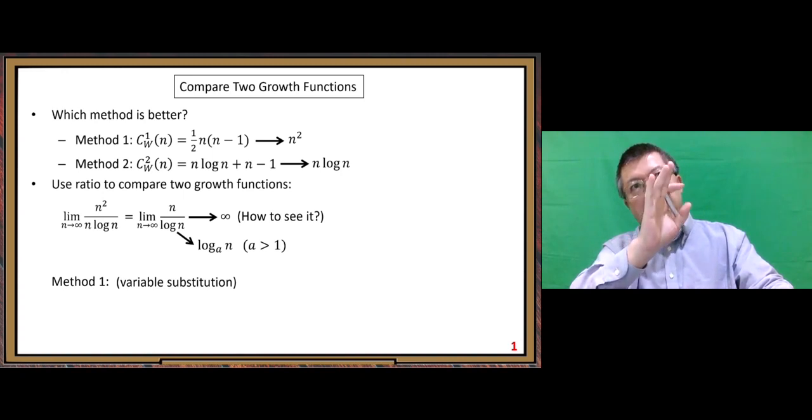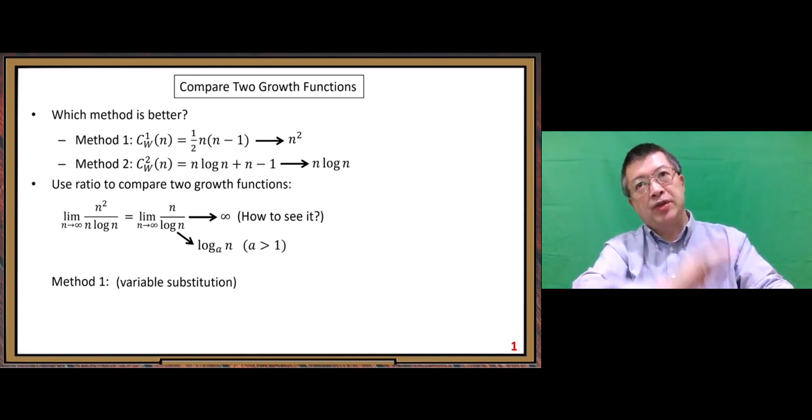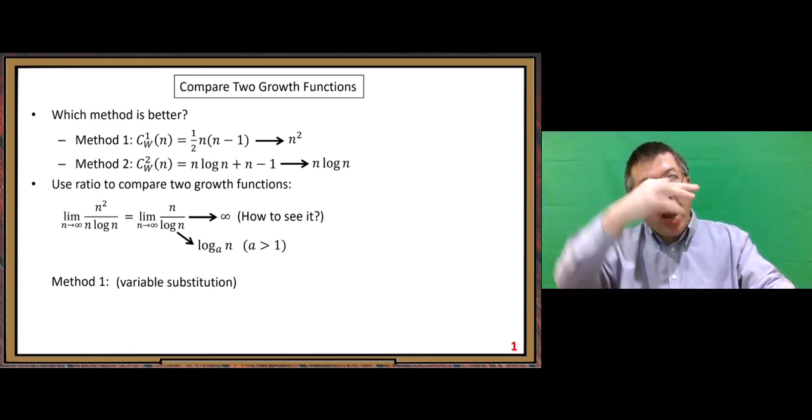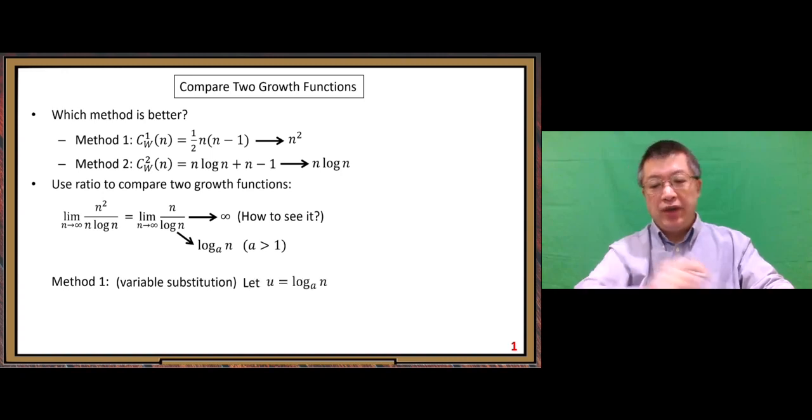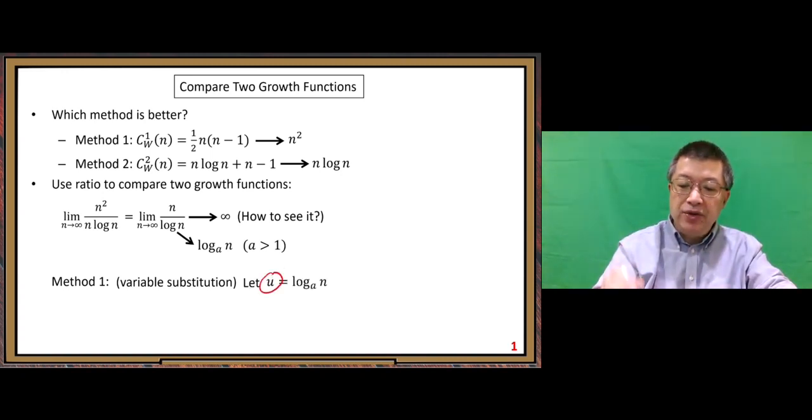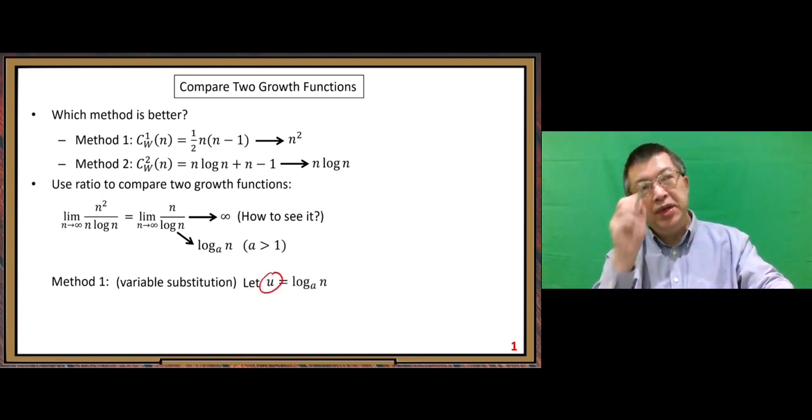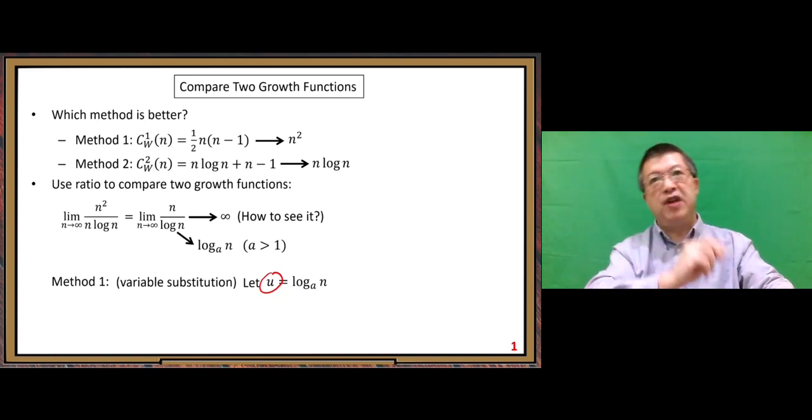Because the denominator is a log, we want to make the denominator as simple as possible. So we use a new variable u, let u be the denominator function.